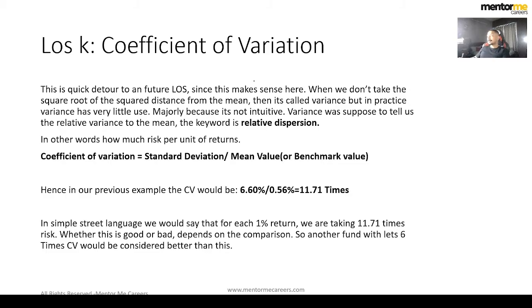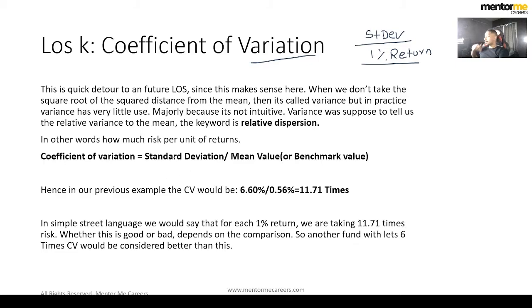Now let's look at something which is different from dispersion. I mean, you can't really call this dispersion because dispersion we already calculated. But if we want to understand the other way around, stating how much of my dispersion or standard deviation am I taking for 1% of return that I'm getting, then that is nothing but coefficient of variation.